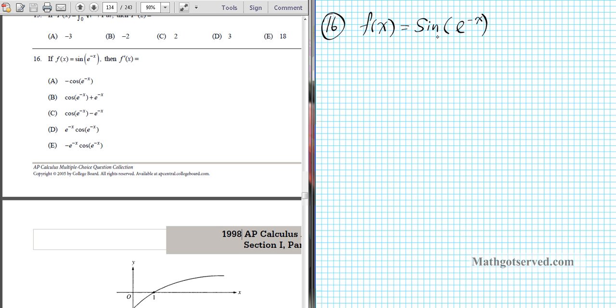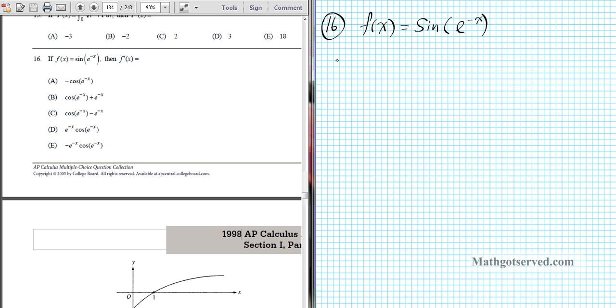In this function right here, we have a composition of 3 functions. So we're going to apply the chain rule starting from the outermost function all the way to the innermost function, all right? Let me break down the functions for you. I'm going to call them functions g, h, and k.